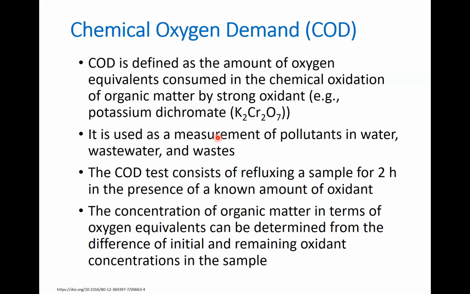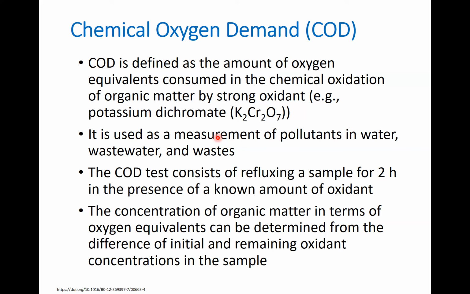Sometimes I can also use 0.45 micrometer as the cutoff for the dissolved fraction. So you can refer to the standard method and see what kind of filter papers you can use and what exactly the definition is for the filtered or dissolved chemical oxygen demand.